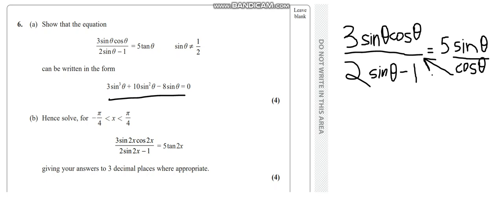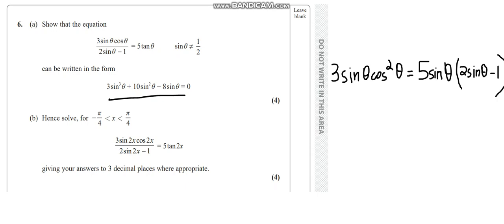Multiply 5 sin θ by 2 sin θ minus 1, and 3 sin θ cos θ by cos θ. So there will be 3 sin θ cos²θ is equal to 5 sin θ into 2 sin θ minus 1. Now that the fraction form is gone, I'll expand the bracket, and that gives me 10 sin²θ minus 5 sin θ.